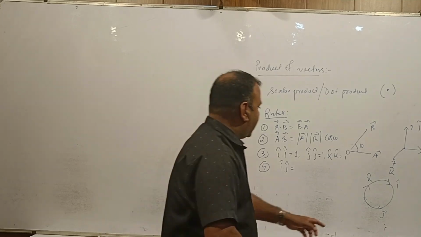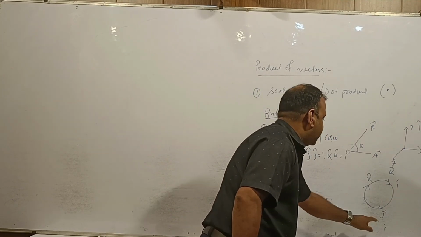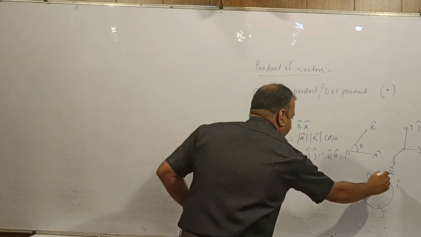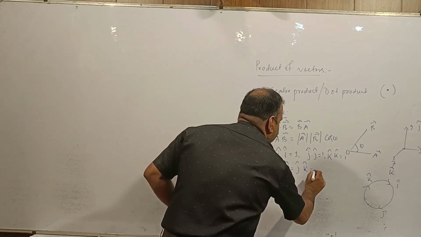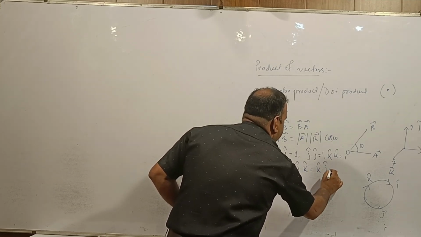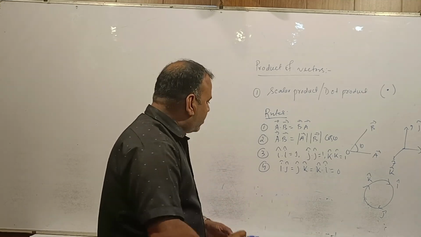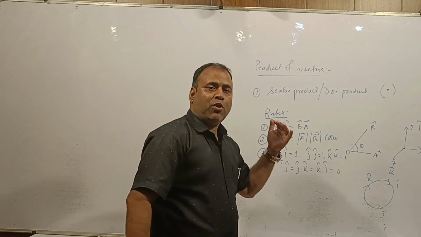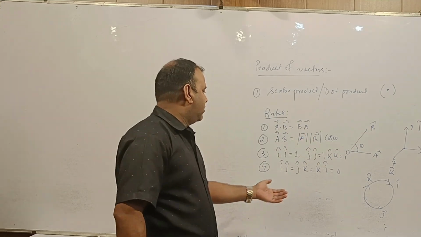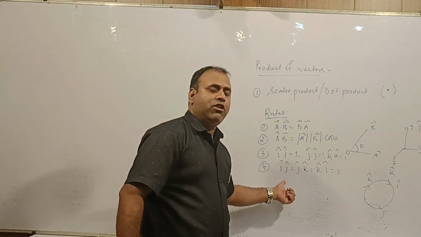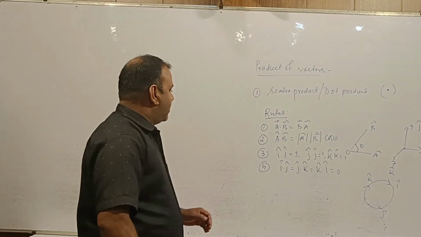So when I am doing here i dot j is equal to j dot k is equal to k dot i is equal to 0. So you remember, in case of dot product, similar unit vectors give unit value, but dissimilar unit vectors give 0. So this is the rule.